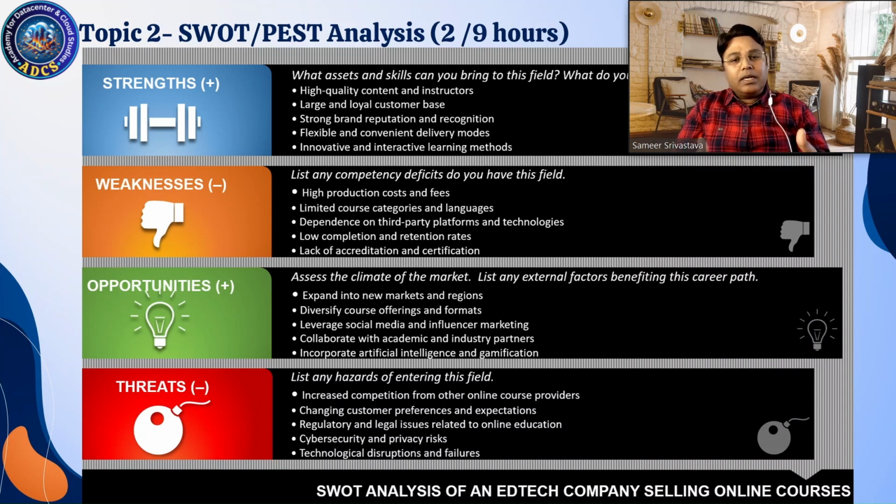Then incorporate AI and gamification. So nowadays a lot of organizations during their recruitment process are also using gamification as one of the ways in which they can assess the capabilities and skills of the candidates. Like in EY, I have seen they are using it for their global business.